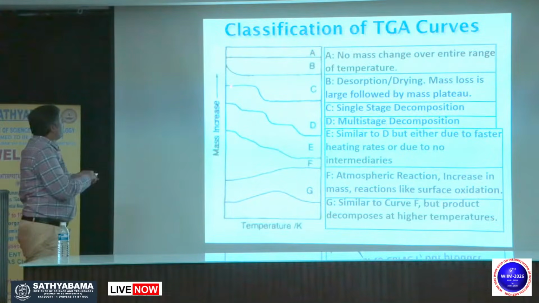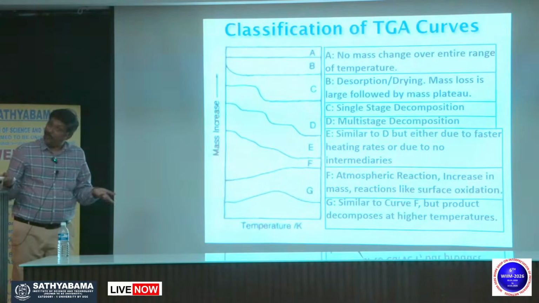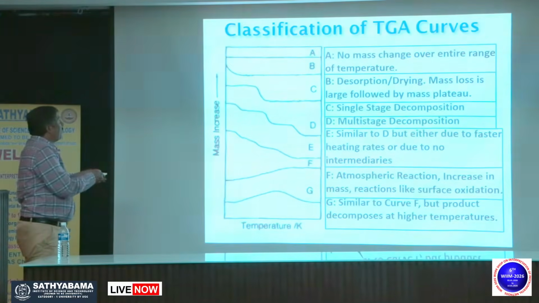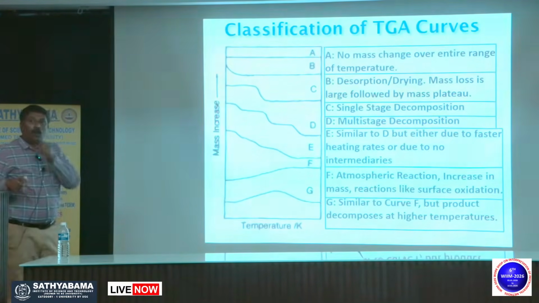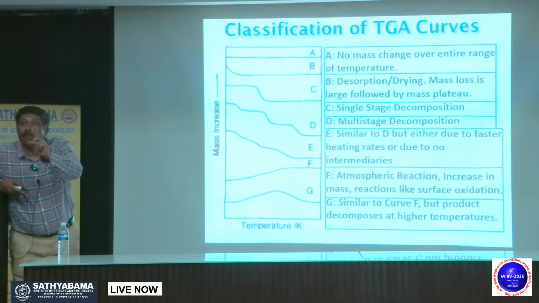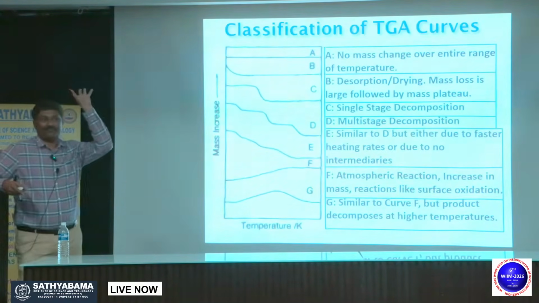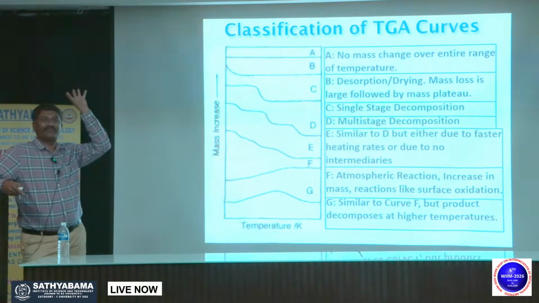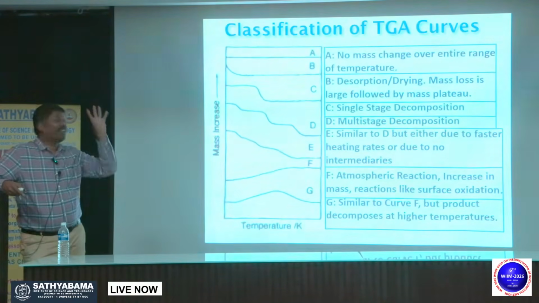Sample is stable, decomposed, only one decomposition curve, so likely to be the pure sample, and then sample will lose entire weight. Maybe pure compound, single compound. Okay?